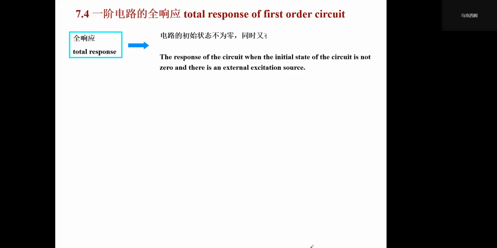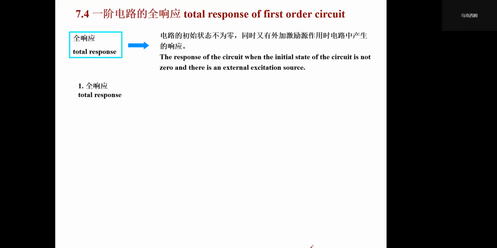Let's see the total response of the first order circuit. We know that the total response of the first order circuit consists of two parts. For this circuit, we assume the initial state is not zero, and in the meanwhile, it has an extra stimulus, an extra power supply to stimulate the circuit.